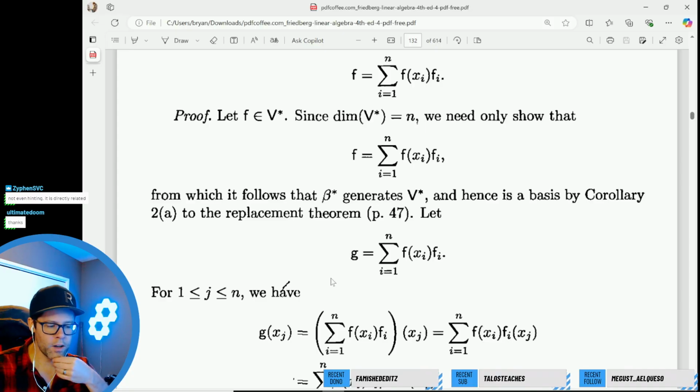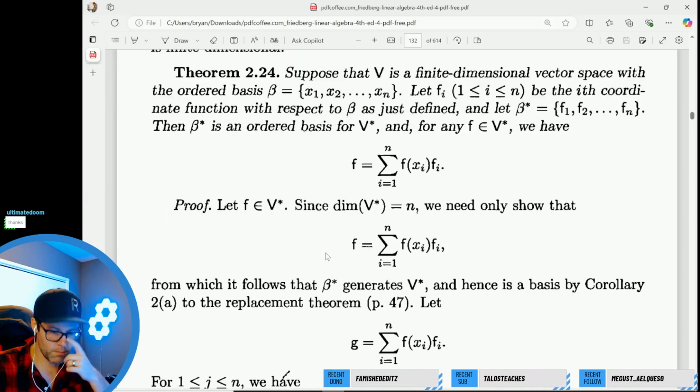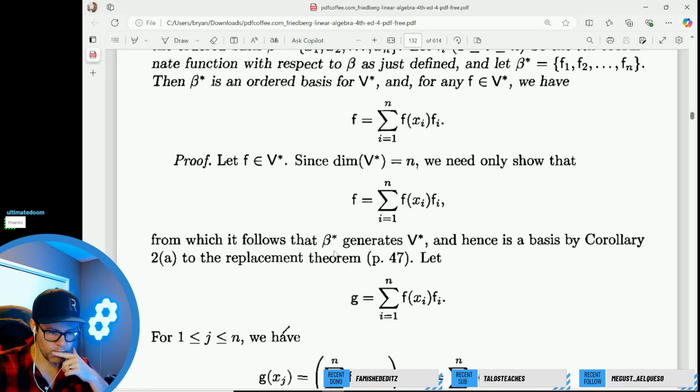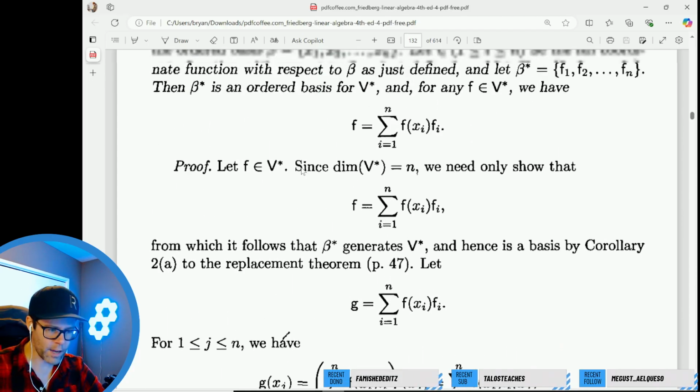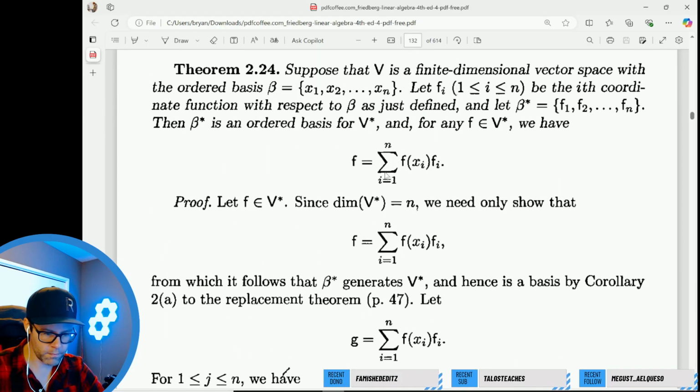Oh, they're showing uniqueness. They're showing uniqueness. Okay, it's not obvious in the statement of their theorem that they wanted it to be unique. That's all.